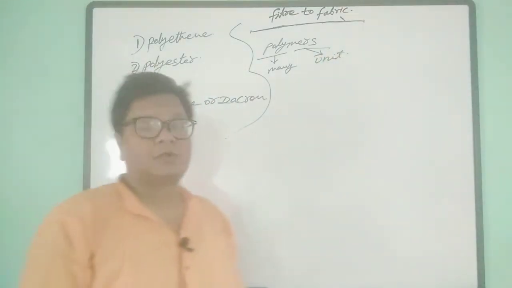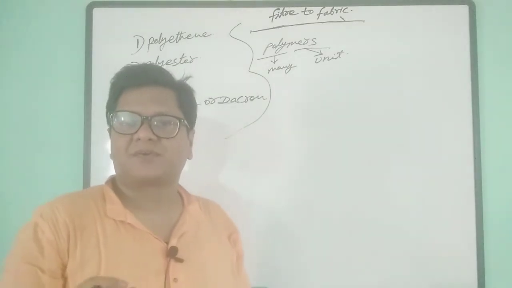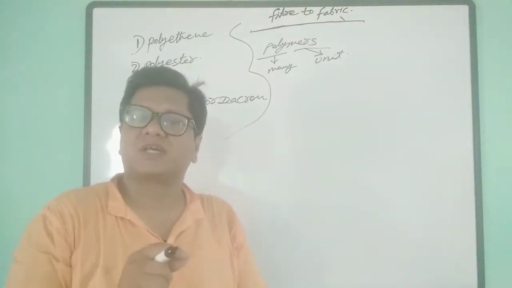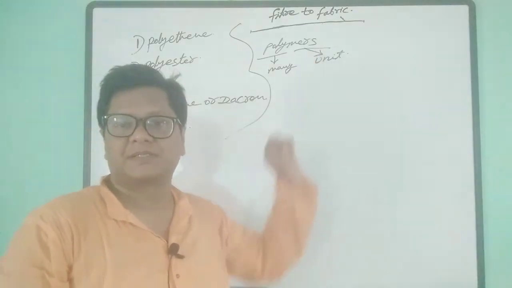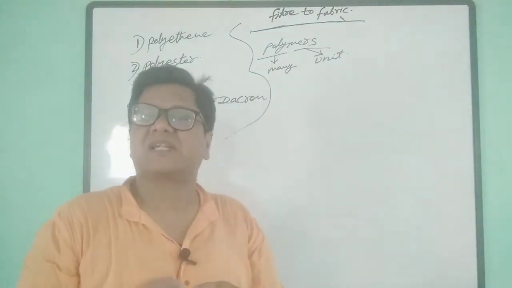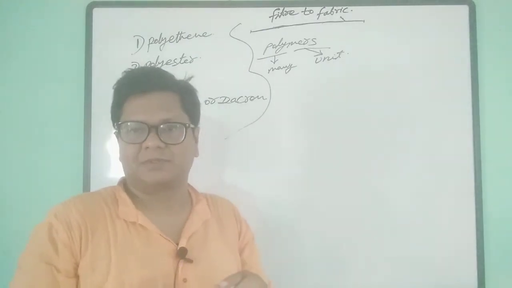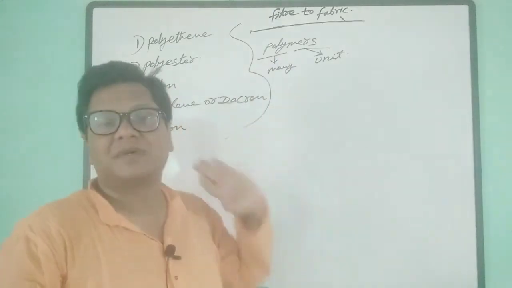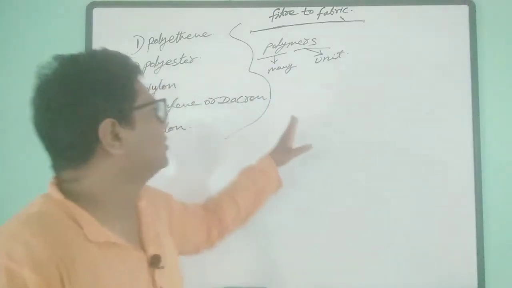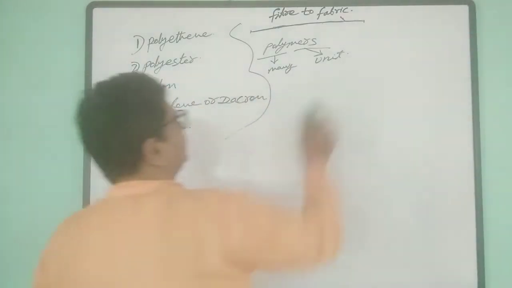So, polymers are formed by joining two or more smaller units to form polymers. And these smaller units are basically chemical units, of which the polymers are composed of. So now we will discuss one by one.